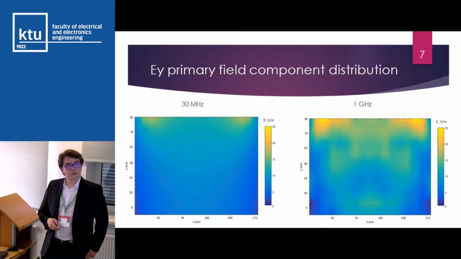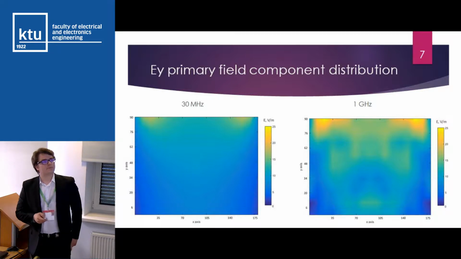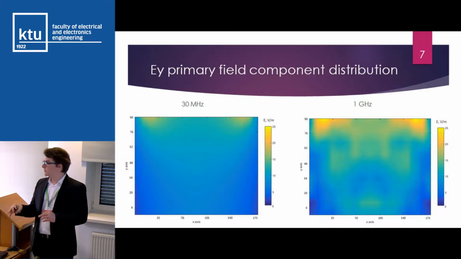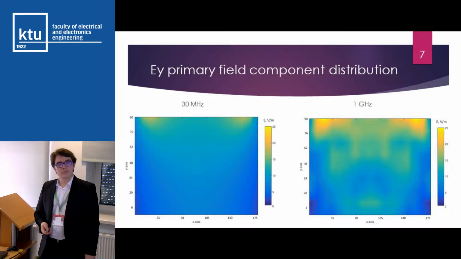And now let's investigate in the 2D plots. As we see at 30 megahertz, the lowest frequency, we have a very uniform field where we're measuring, but for higher frequencies the field uniformity is a little bit degraded, as we saw on the previous slides.